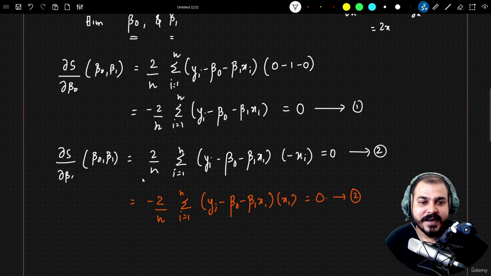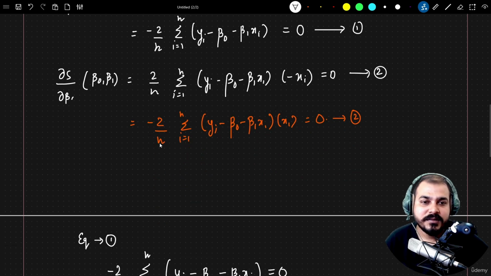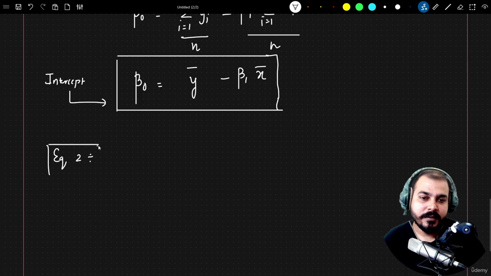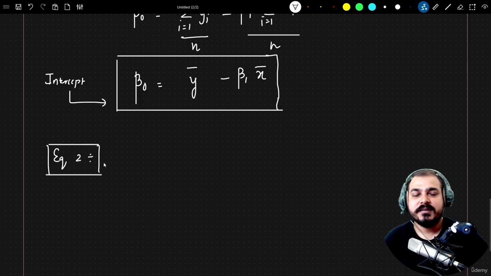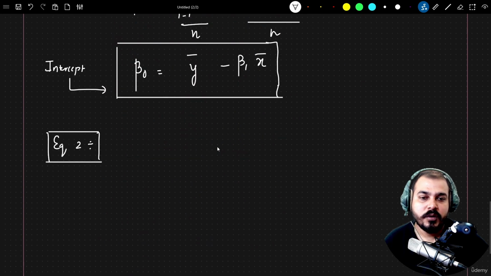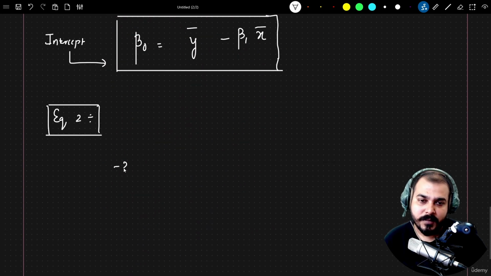Now let's take the second equation and let's do the same thing, right? Now in the second equation, you know that it is minus 2 by n. So here let's consider equation 2. Now since we have got beta 0 over here, obviously now it will become easy to get the beta 1, right? And beta 0 is nothing but the intercept. Now equation 2, I'm just going to write minus 2 by n. So let's go ahead and write over here minus 2 by n. And here I'm just going to write it down from my notes.